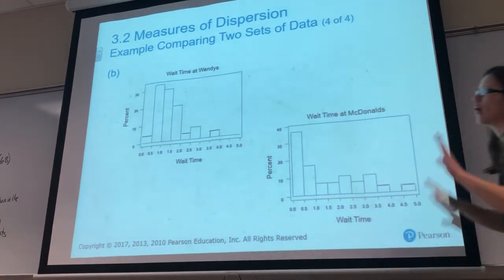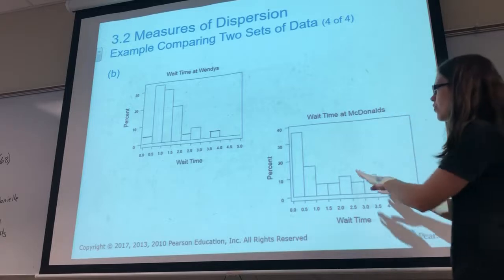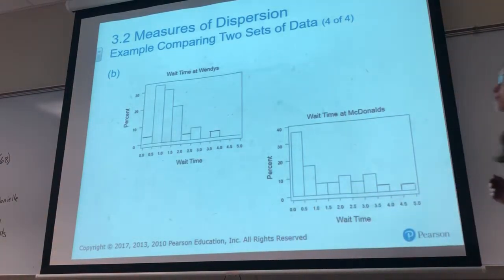So even though their average is the same, their histograms look different because one is more spread out than the other. What we're going to be doing in this section is measuring how spread out these things are, so you know if they're clustered really close together or really spread out on the number line.